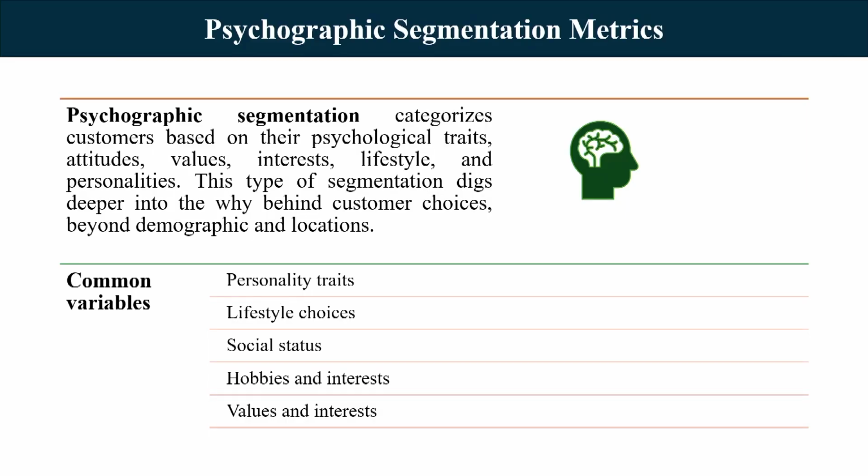Most of the time we have a misperception that social status is only about income. Yes, income can be one aspect of social status, but it is not entirely social status. It is regarding the perceived class, the prestige, the social standing you have in society. Basically, people in the higher social strata might seek exclusivity, while others value affordability and community.